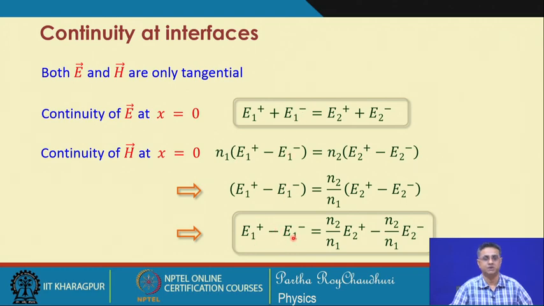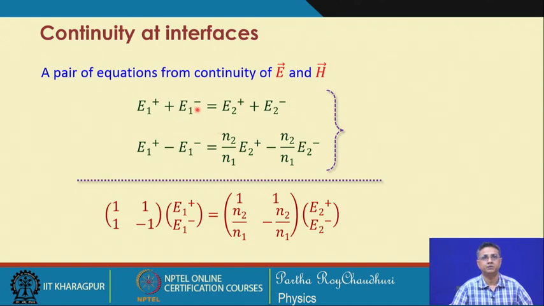These two equations, if we write together, we can form a matrix equation. We can write this pair of equations in this form: E1 plus, E1 minus, and a coefficient matrix which is given by this, and the electric fields of the second layer.